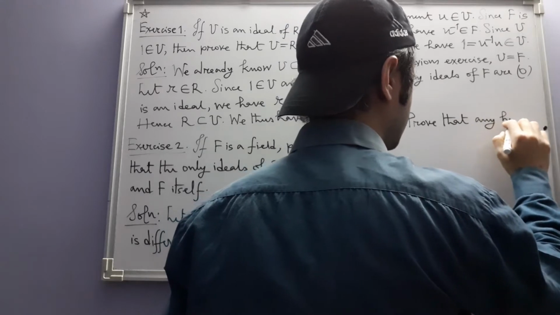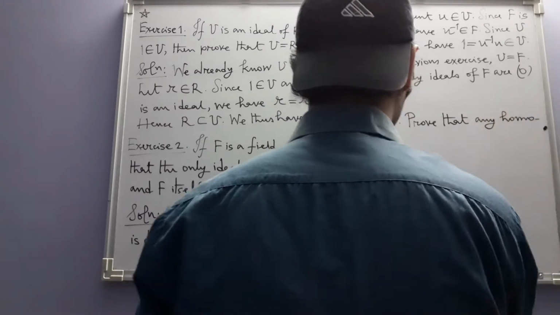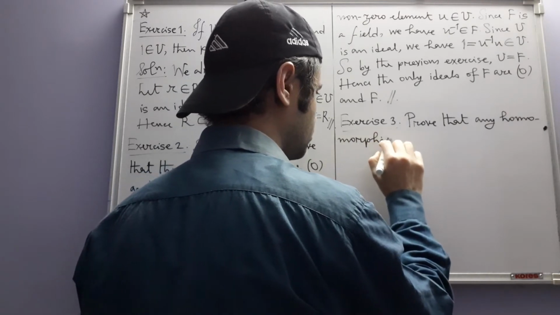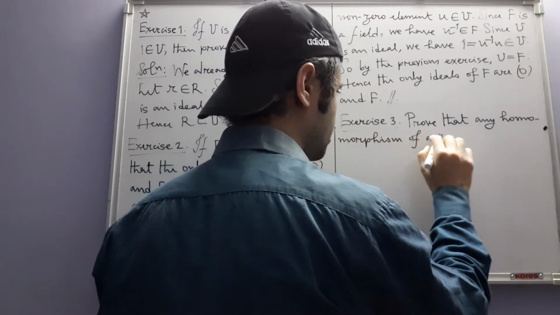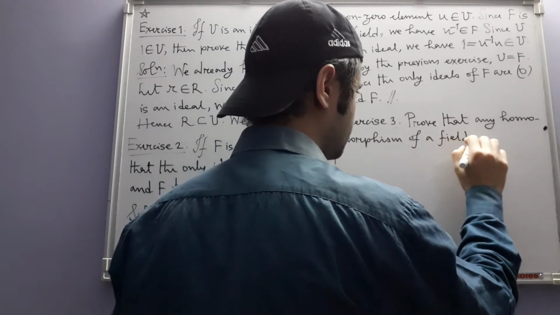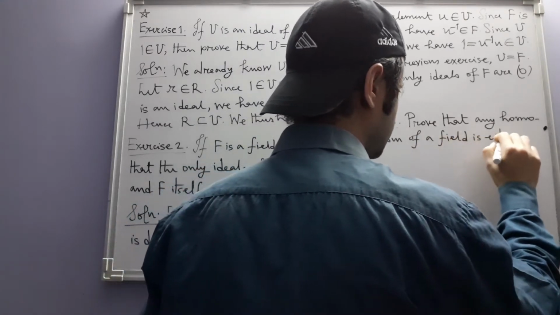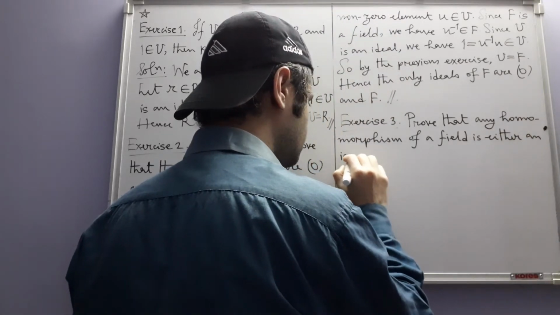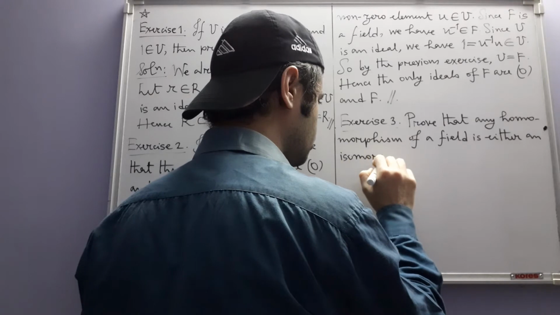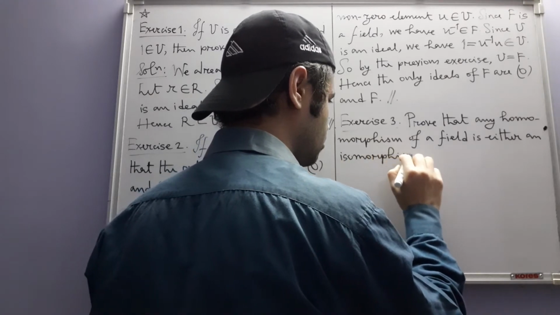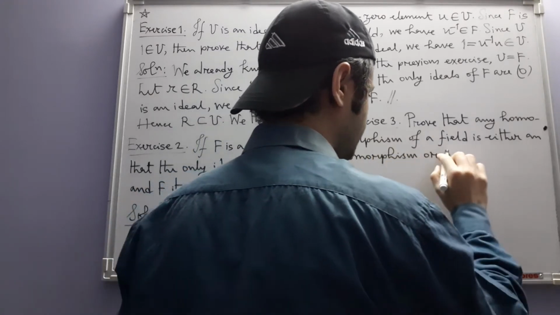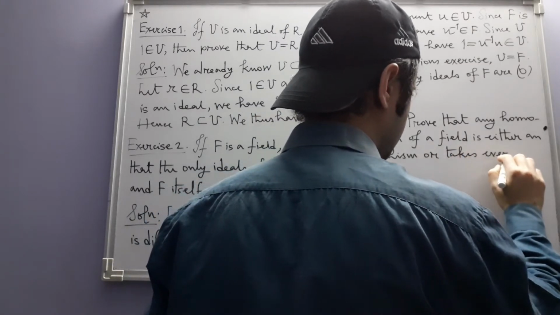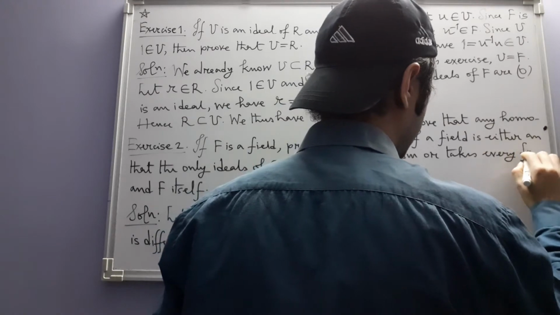Prove that any homomorphism of a field is either an isomorphism or takes every field element onto 0.